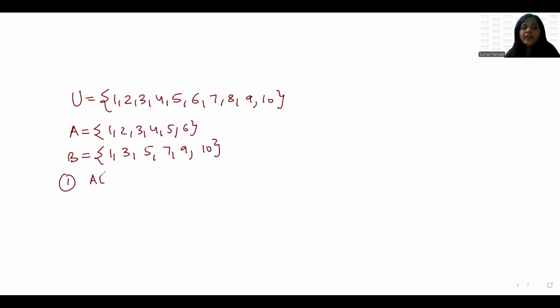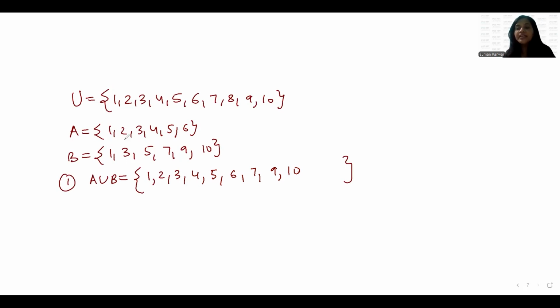First, A union B. That means I have to combine the elements. So 1, 2, 3, 4, 5, 6, 7, 9, 10. That means I will be taking the elements which are either in A or in B or in both. But I will be counting them exactly once. For example, I will not count 3 twice. So 1, 2, 3, 4, 5, 6, okay, 7, 9, 10.